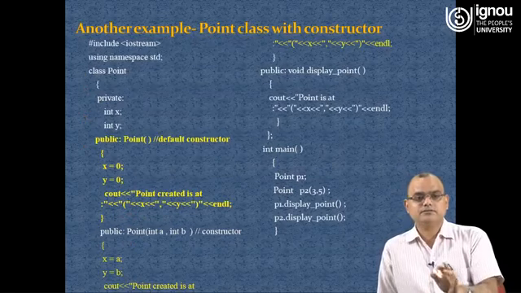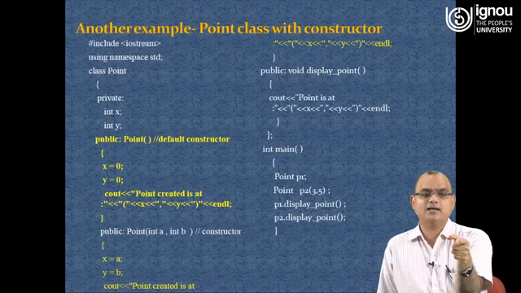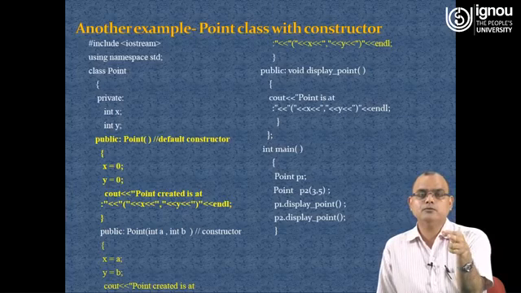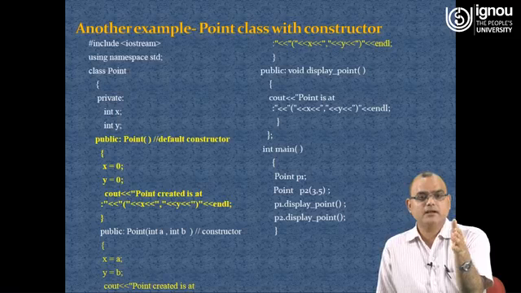Now just go through this particular program and see. Here we have a class Point with two attributes, x and y, and a constructor, about which I will say a little more in this example.